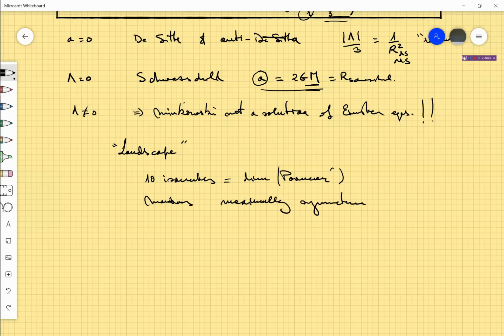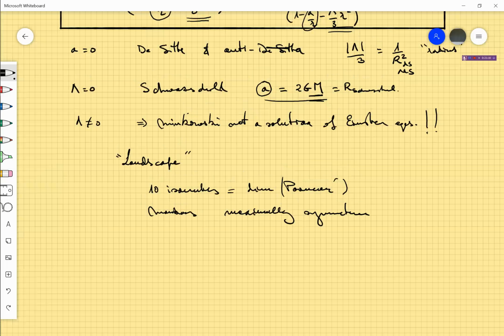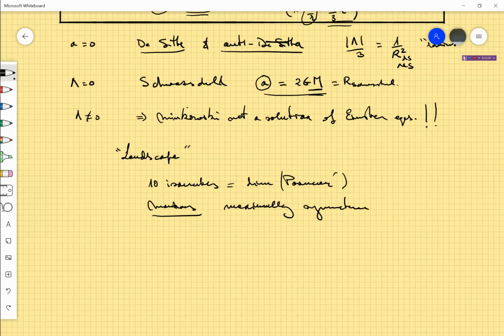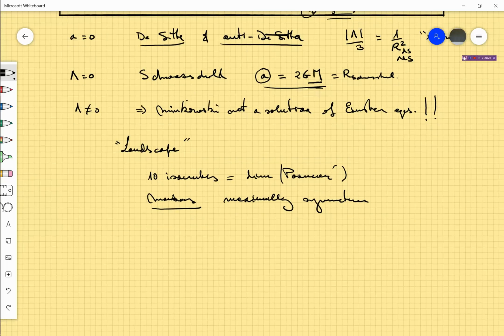What other maximally symmetric spaces are there? Well, it's not surprising that there are two. In fact, in any dimension this happens, that there is de Sitter and anti-de Sitter. So Minkowski, de Sitter, and anti-de Sitter are the three maximally symmetric spaces that you can find in any dimension. They have the maximal number of isometries possible.